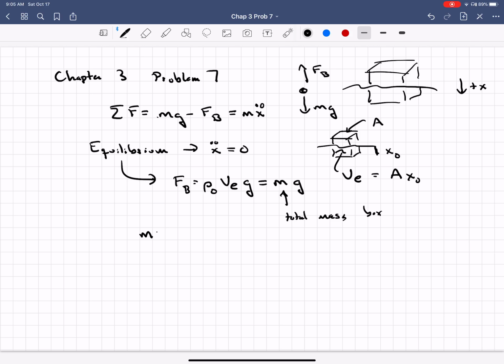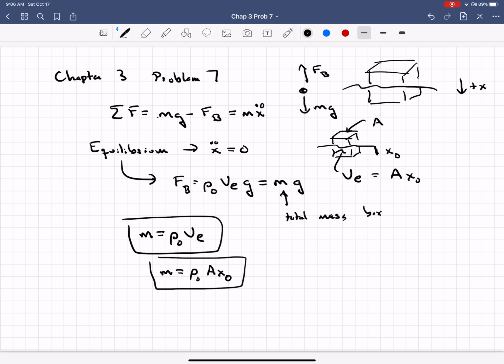One way is to say that the mass is equal to rho 0 times V sub E, so the total mass of the box is the density of water times this equilibrium volume. The other way is to put in the x0, so that the mass of the box is equal to rho 0 A times x0.